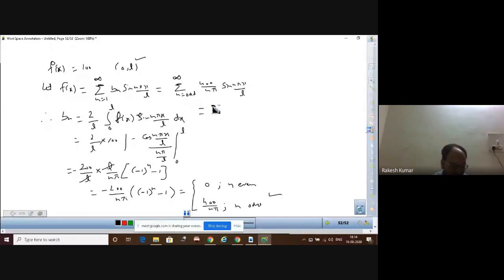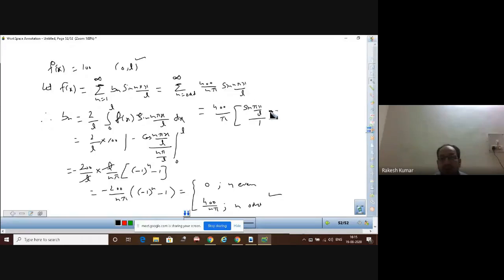Now you can expand the series by using the values of n. 400 over pi can be taken out. When n is the first odd number, that is 1, this will give you sine pi x over L over 1.